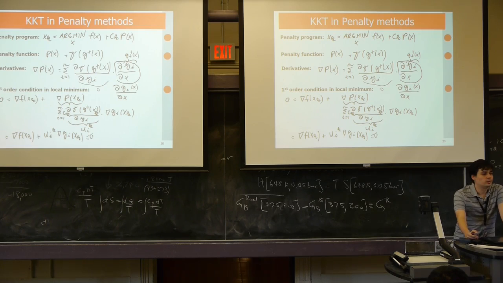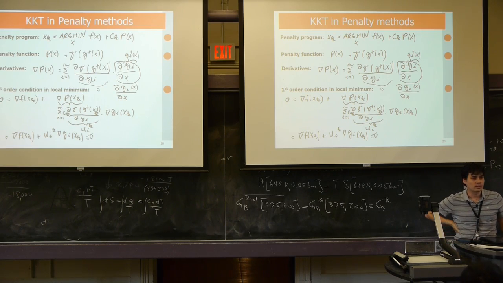So what does this form remind you of? How does it look like? Like this uik term. Where did you see something like this, that the derivative of a function multiplied with something and the derivative of another function?